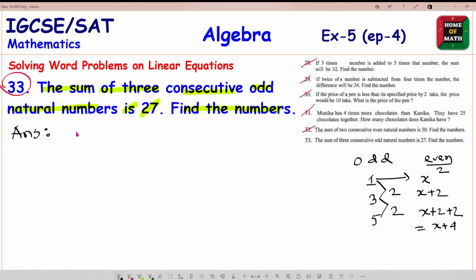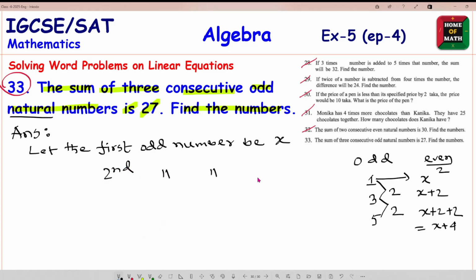Answer: let the first odd number be x. Look, all the numbers should be natural, no fraction or decimal. The second odd number is x plus 2. The third odd number is x plus 4, right?